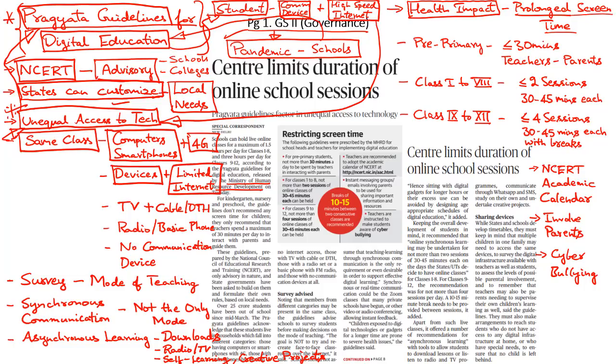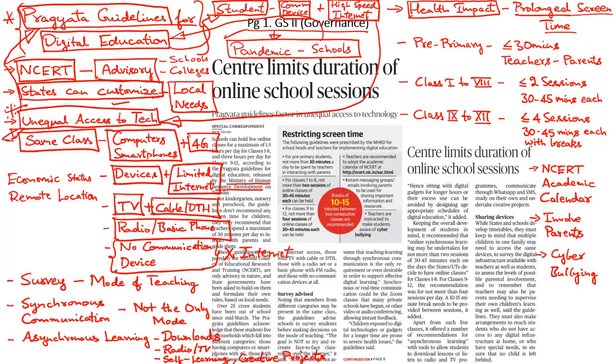Whereas a few other students might have access to just a television with a cable or DTH connection, or they might have access to just a radio or a basic phone connection. And we cannot ignore the fact that a few students may not have any kind of access to any communication devices, and they might be completely cut off from the internet.